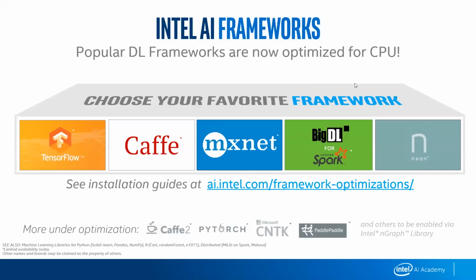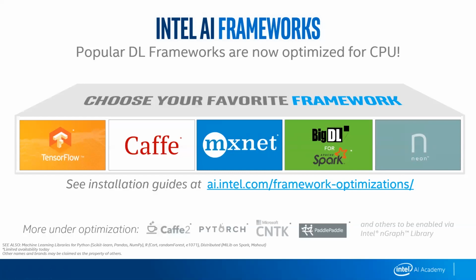For those folks who like Spark, if you already have a Spark installation and want to add deep learning to it, there is a very interesting project called BigDL. I would suggest folks look at www.bigdl.org. It's an open source project from Intel which brings direct support for deep learning within the Spark environment itself.